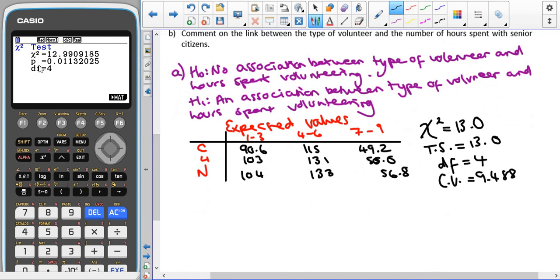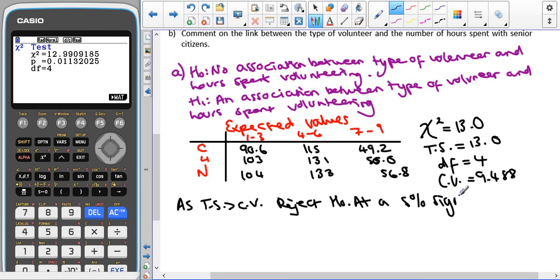And again, that p-value 0.011 is less than 0.05, so we are expecting to be rejecting H0 here. So as the test statistic is bigger than the critical value, we reject H0 at a 5% significance level.